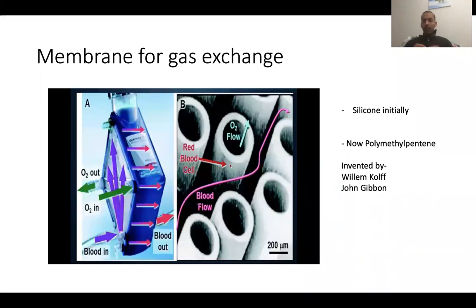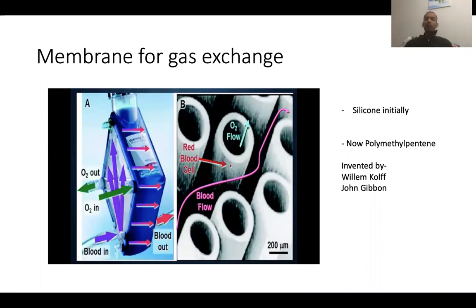So the membrane that is being used for gas exchange, as I was asking you before during the question and answer session, was initially silicone for many, many decades. And now we have moved on to a newer material called polymethylpentene.